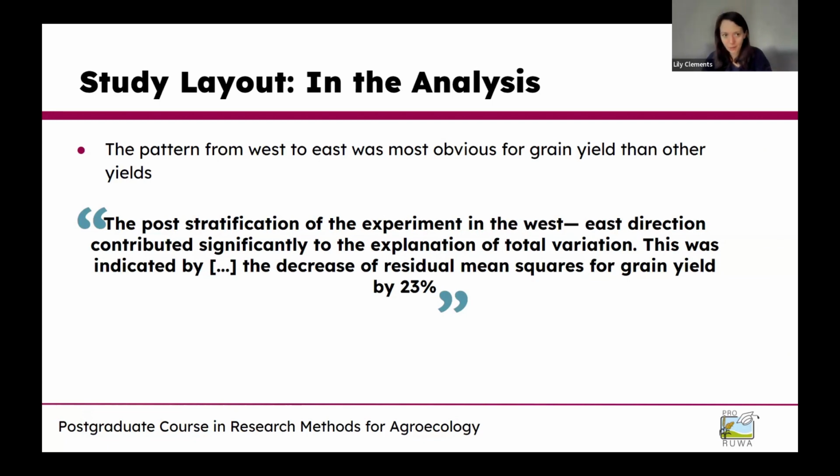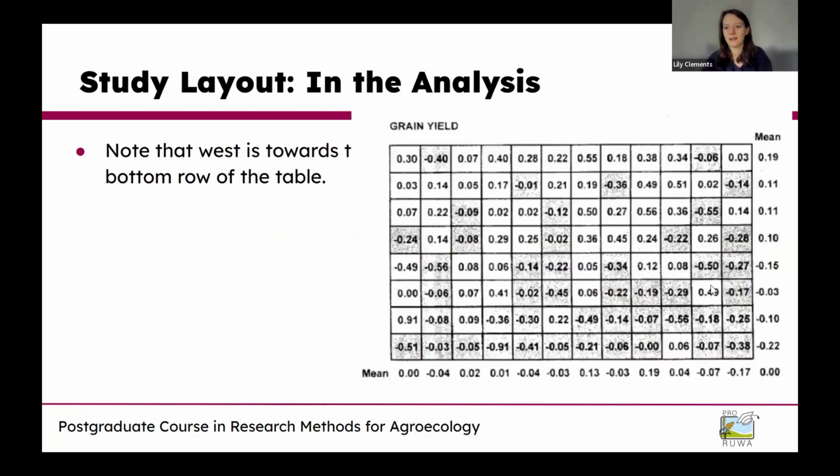And as said in the paper, the post-stratification of the experiment in the west to east direction contributed significantly to the explanation of total variation. This was indicated by the decrease of residual mean squares for grain yield by 23%. So when we look back at this, we're just talking about this change in the grain yield.